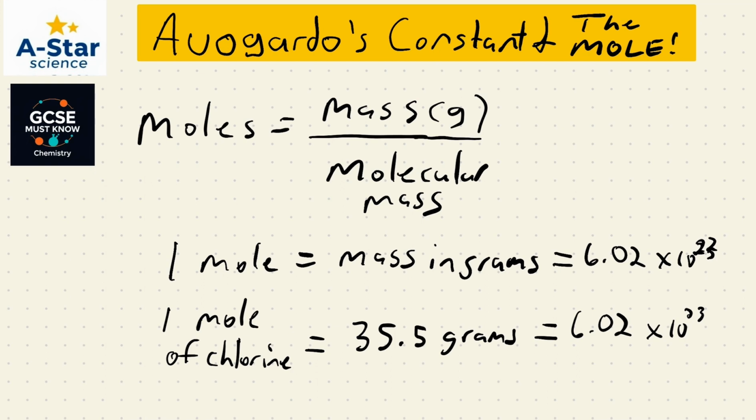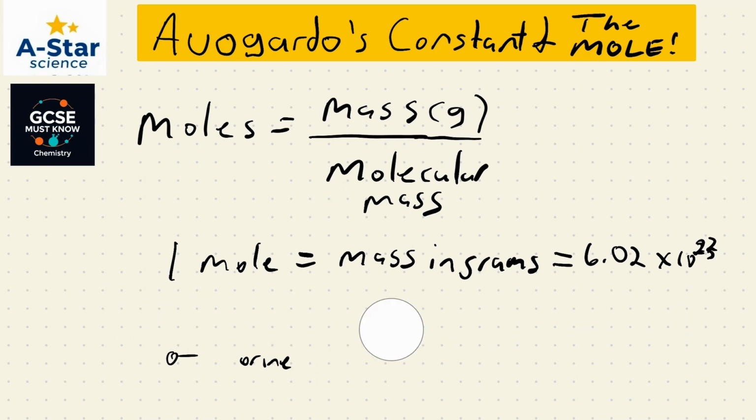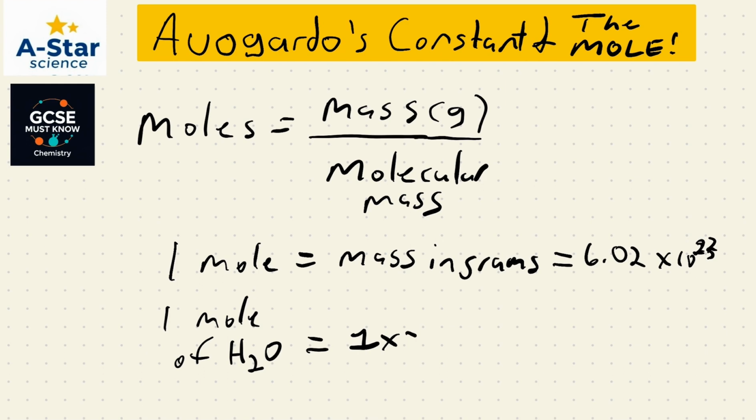So how about for other substances? Let's say we had 1 mole of water, which is H2O. Well, water's MR is 2 for hydrogen, because it's 1 times 2, plus 16 for oxygen, which equals 18.